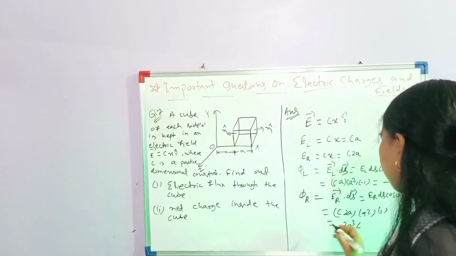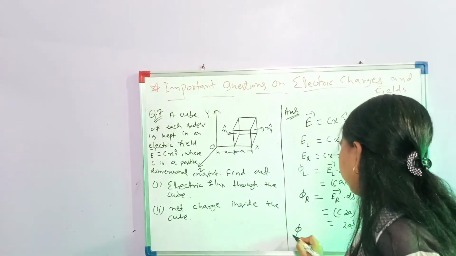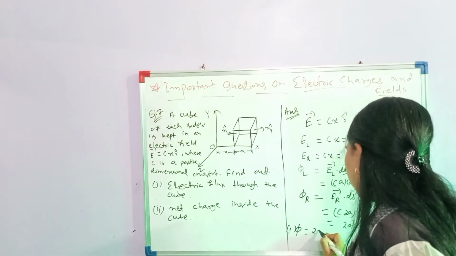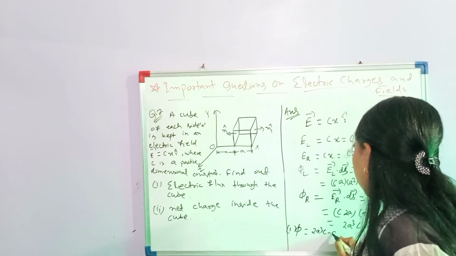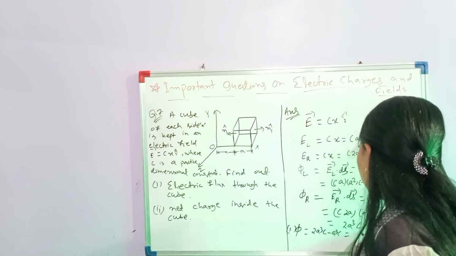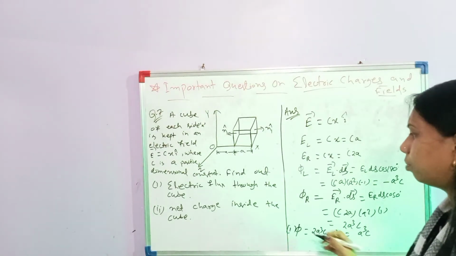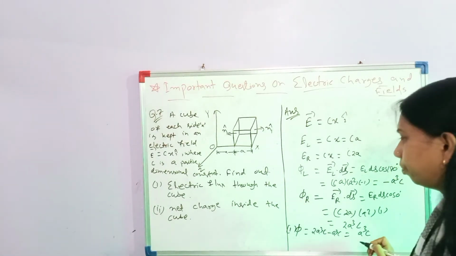Total electric flux phi equals 2a cube C minus a cube C, equals a cube C. This is the total electric flux through the cube, a cube C.